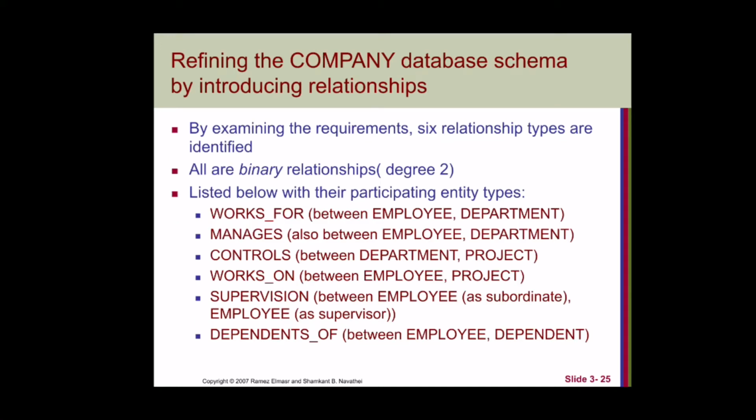Now you can see we have many relationship types over here, like works for, manages, controls, works on, supervision, and dependents of. These are all examples of relationship types.